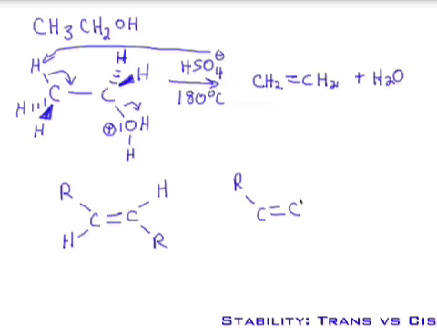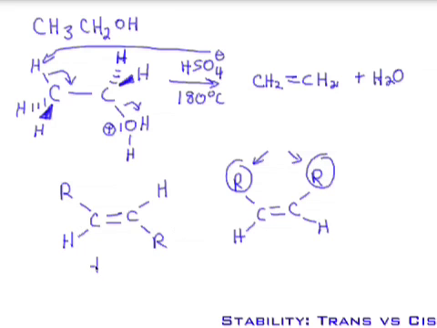And the reason for this is pretty simple. It's due to steric repulsion of the large groups. Now, R represents alkyl groups, and the alkyl groups being methyls or ethyls typically are bigger than hydrogens. And you get more repulsion here between these large groups than when they're on opposite sides.